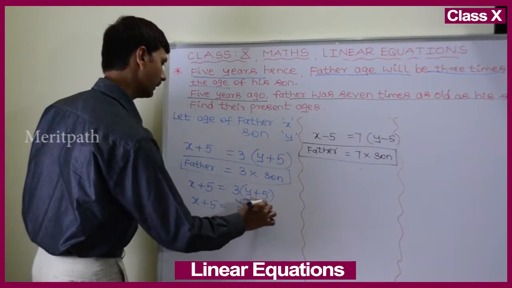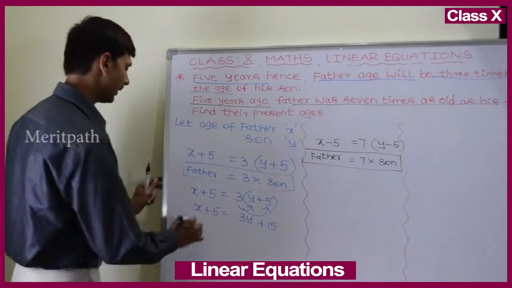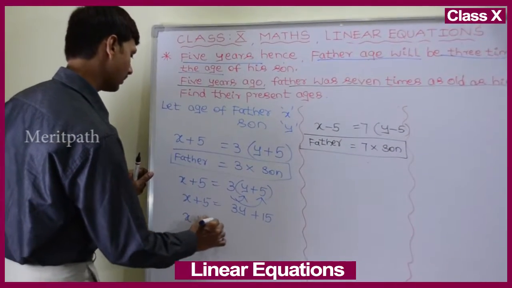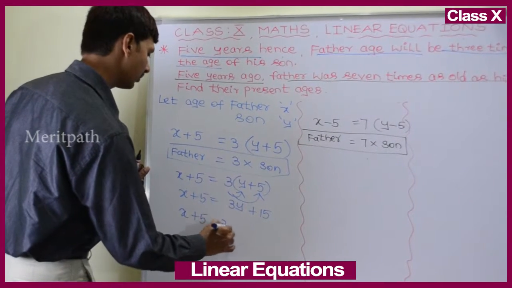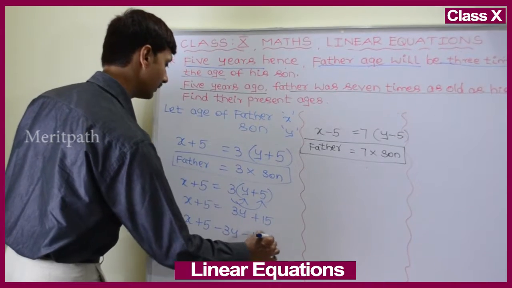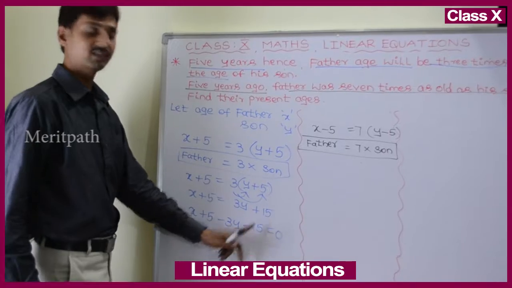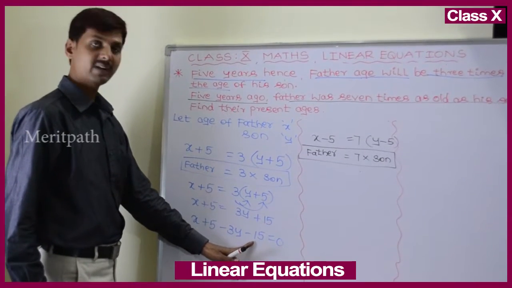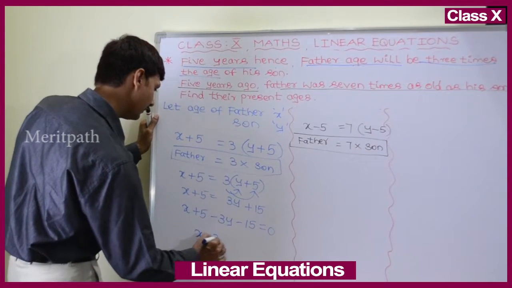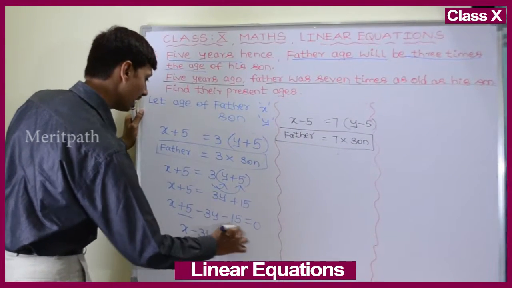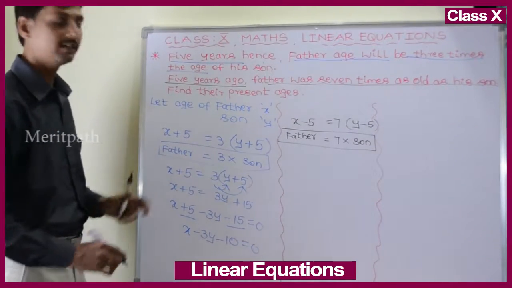When we transpose these two values, it becomes x minus 3y minus 15 plus 5 equals 0. Plus 3y changes to minus 3y, plus 15 becomes minus 15. Let us simplify: x minus 3y plus 5 minus 15 is minus 10, equals 0. Here is the first equation.